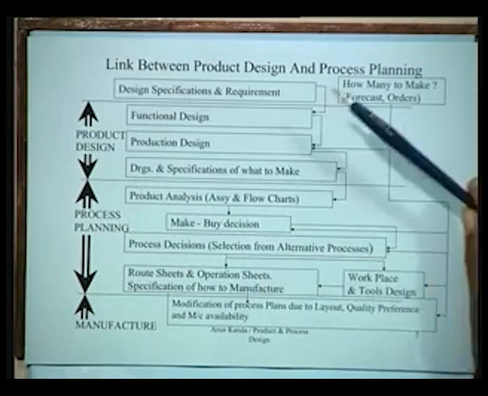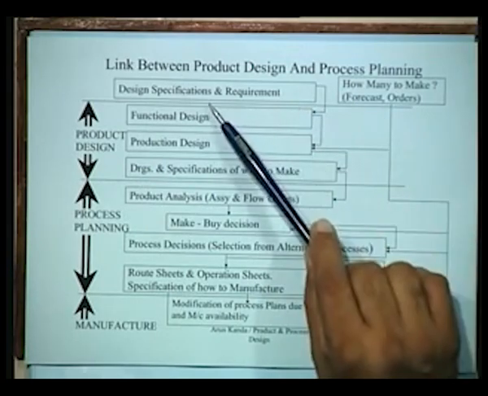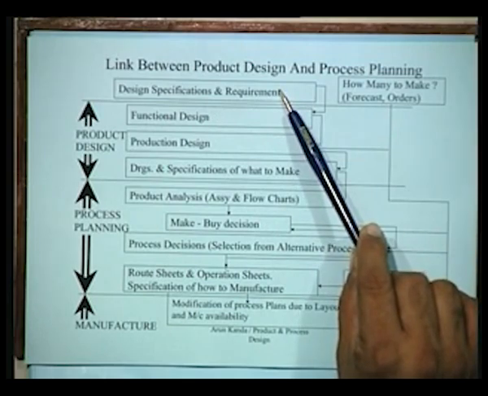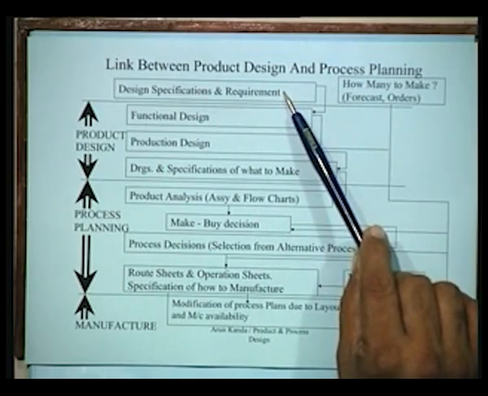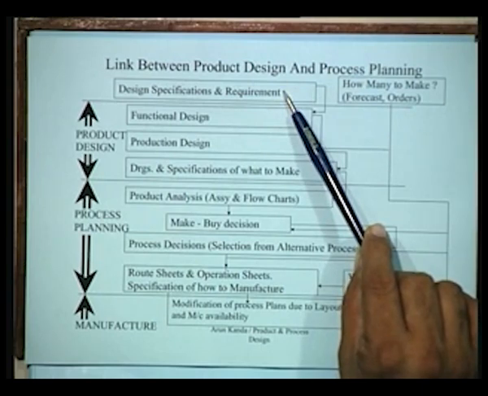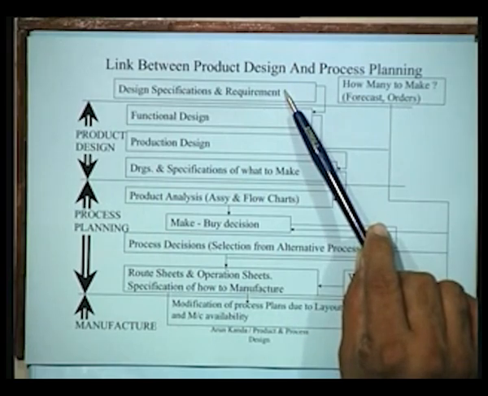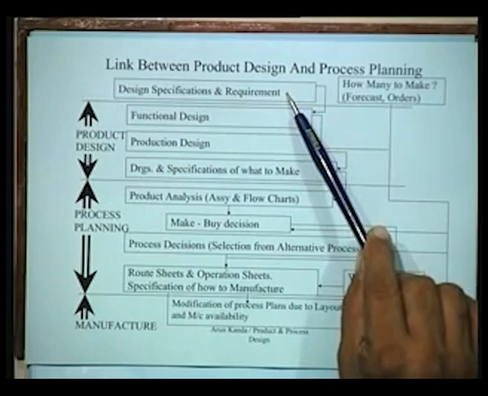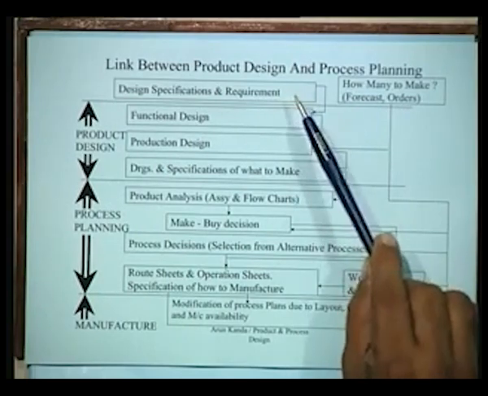Product design requires essentially the design specifications and the basic requirement that the customer wants for the particular product. And we have already seen in previous lectures that there are various methods available for gathering customer opinion, like QFD, and talking about developing the design specifications from the customer.